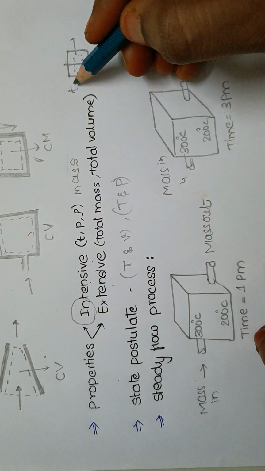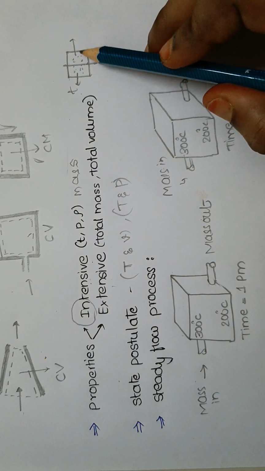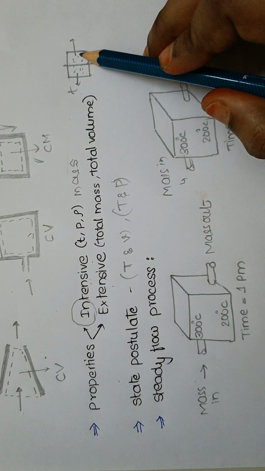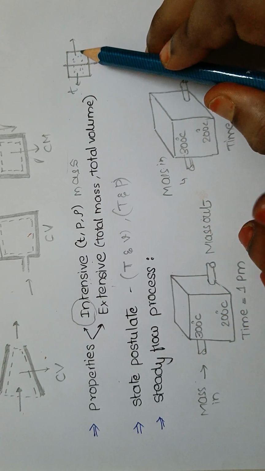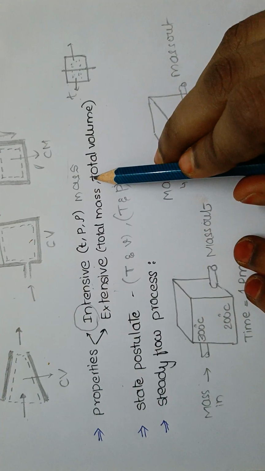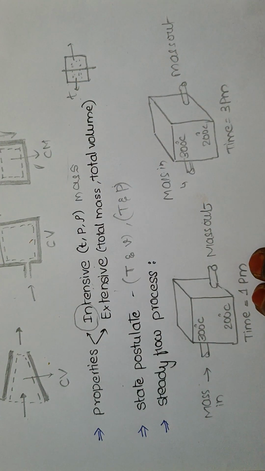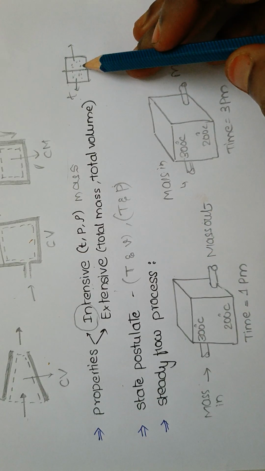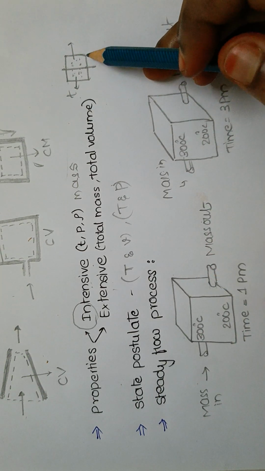The temperature is constant, so it doesn't depend upon how much mass is there. It is the same with pressure and density, they don't change. But an extensive property depends on the total mass. If you remove some mass, then obviously mass will change and volume will change. Those types of properties are called extensive properties.